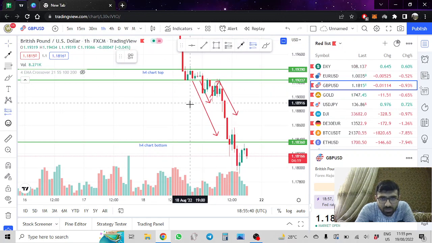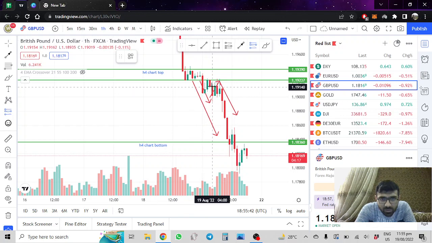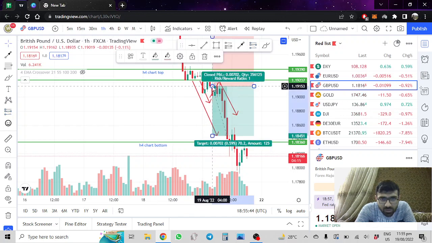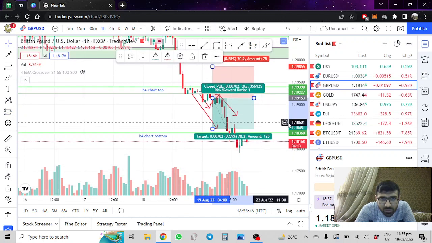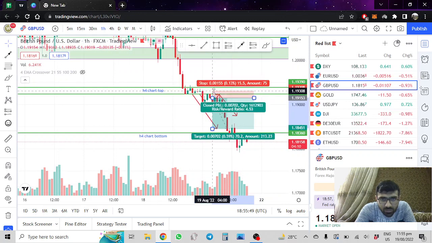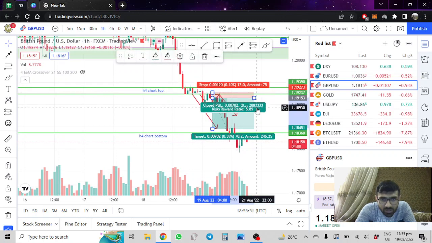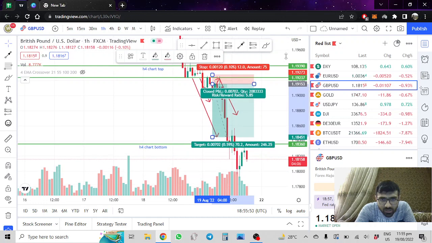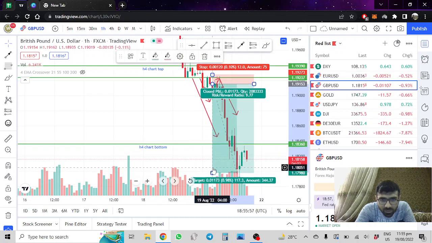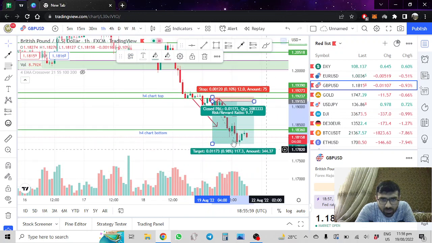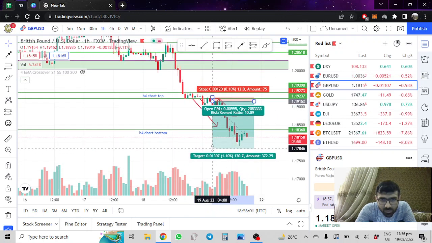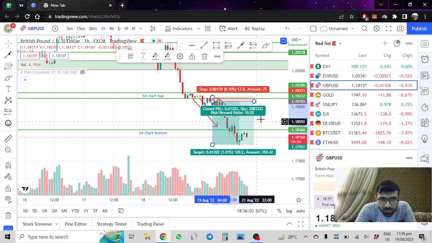Okay, if you would have sold on this closing over here. So the market followed and respected our areas, and then further the market went down till here. So how much profit do we have? 1 by 10.